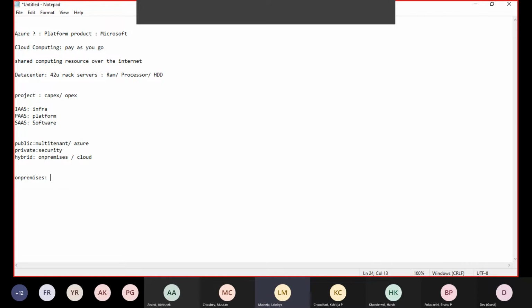GCP offers pay-per-second billing, Azure offers pay-per-minute, I think, and AWS is sometimes a little costlier compared to these two. It all depends upon the use case, like what we are going to deploy.